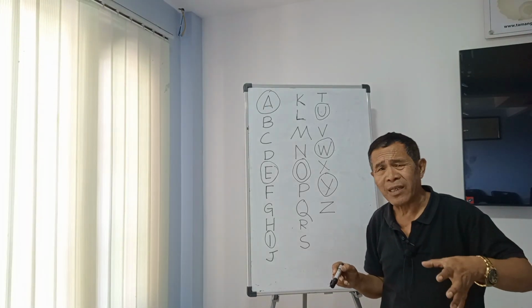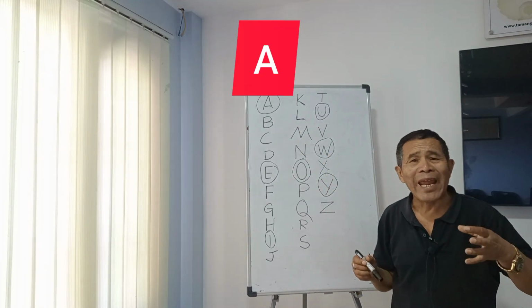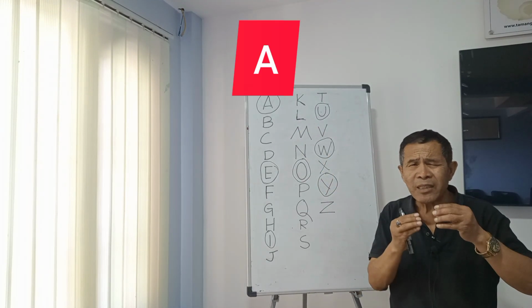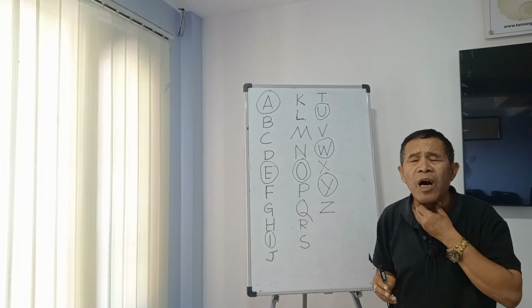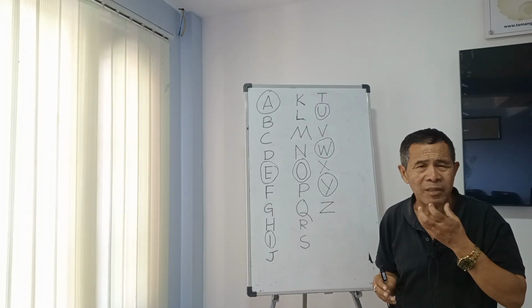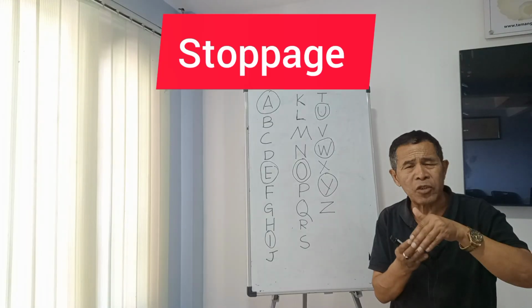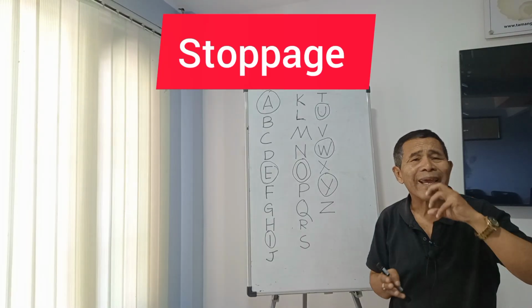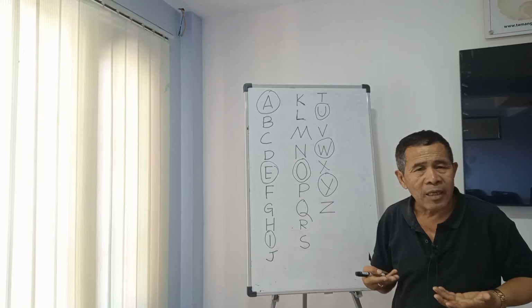So, how do we find it out? See, when I say A, there is minimum friction I can feel in my mouth. There is no stoppage or blockade of air flowing out from my lungs.